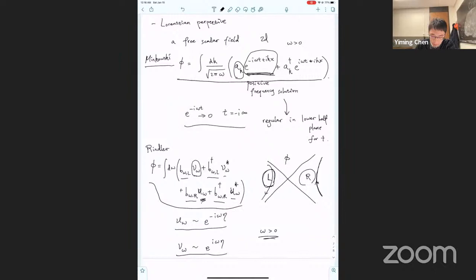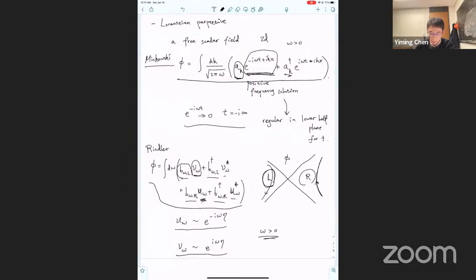So if we already know what V and U are, what these functions are, we can simply do a so-called Bogoliubov transformation, which tells us how the creation and annihilation operators are related to the Minkowski creation and annihilation operators. So that is a straightforward but kind of tedious exercise that you can find in many textbooks.